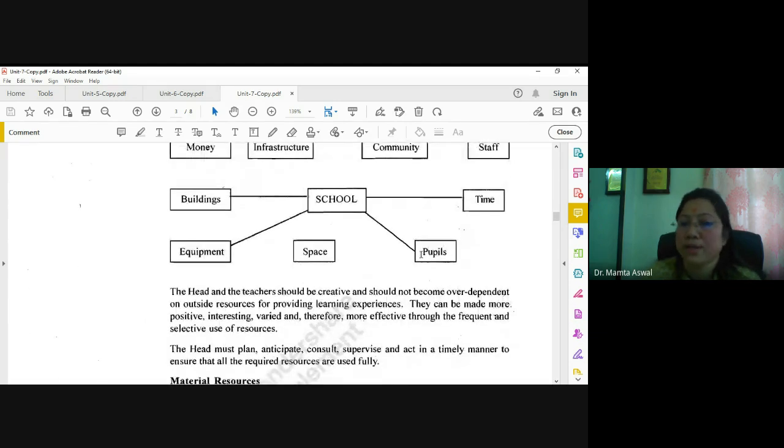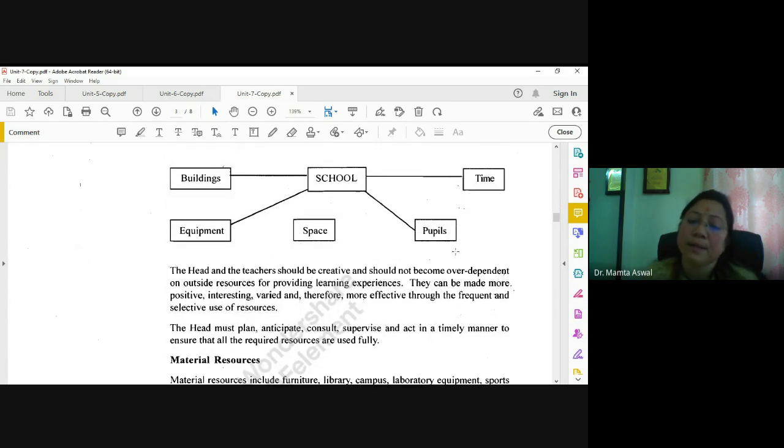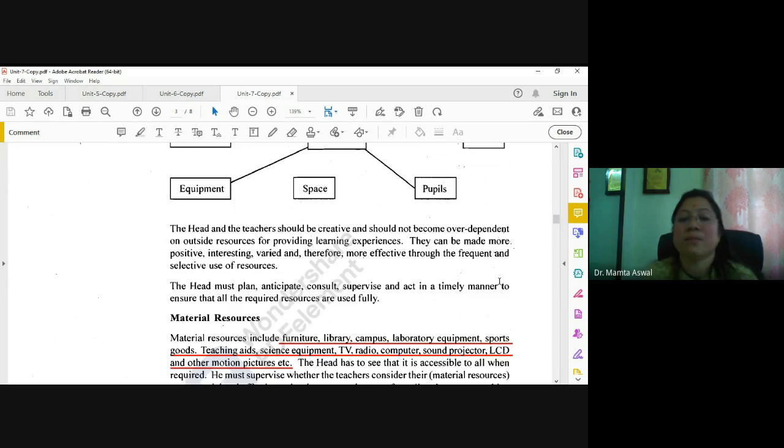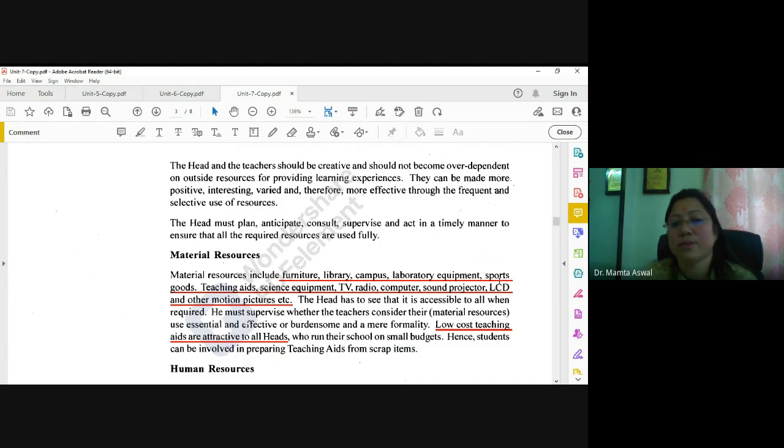They can go to NGOs, or to certain communities which can help them in the finance section, right? It is the duty of the head how he will manage all these things, how he will plan and supervise time, money, equipment, pupils, etc. It's the total duty of the head of the department.